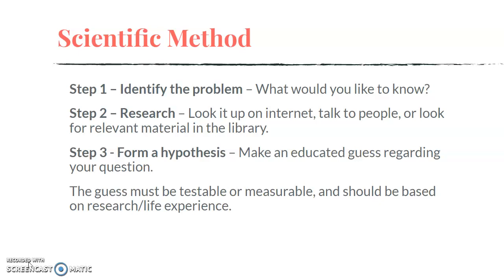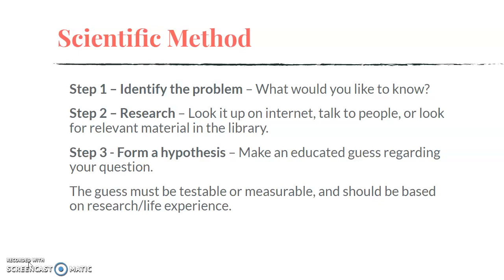Forming a hypothesis is basically making an educated guess about what your question or problem was from step 1. Now, the important thing about step 3 is that my guess should be testable. It should be measurable and should be based on prior research or life experience.